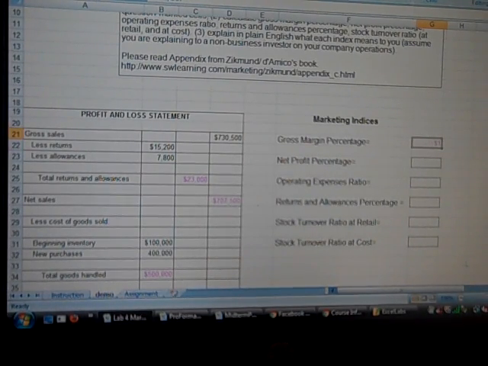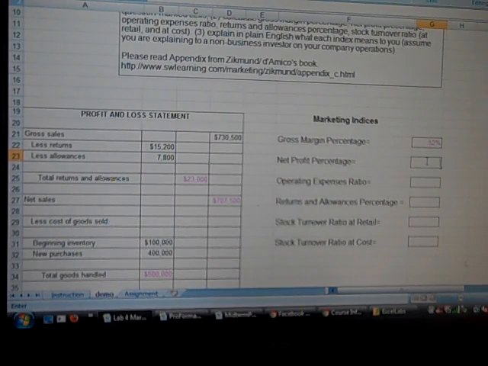And it's just saying 1, but you want to just take this off. And then there you go. So this is your gross margin percentage, and you could put it to the percentage if you like. It really shouldn't matter too much. But okay, so this is your gross margin percentage.